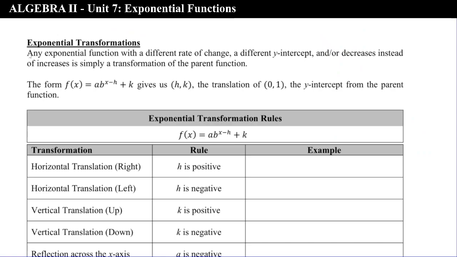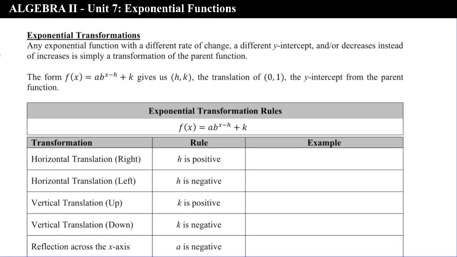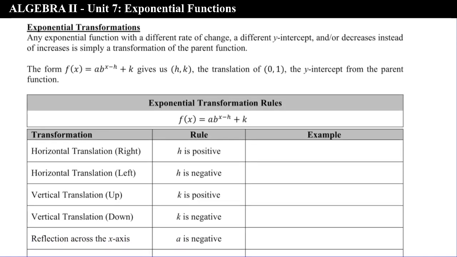All right, so let's talk about exponential transformations. This is the last time that we are going to go through transformations. And just like every other function that we have done in this Algebra 2 course, everything behaves the same way, okay? Now, the form that you see here gives us (h, k), and that is the translation of (0, 1).